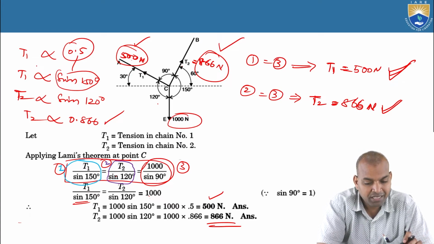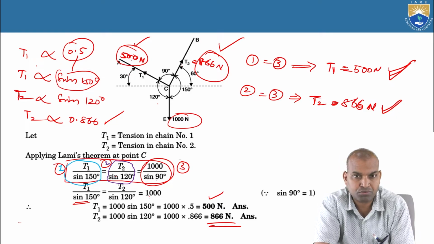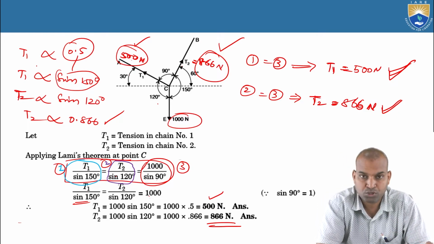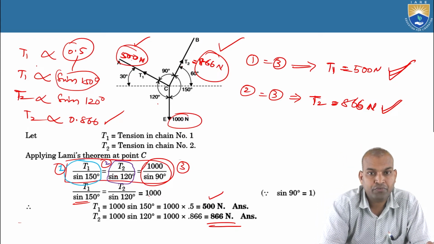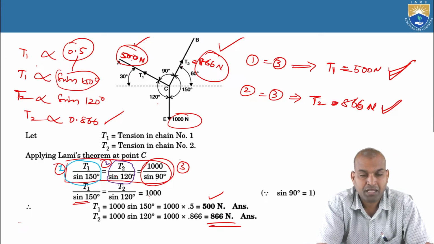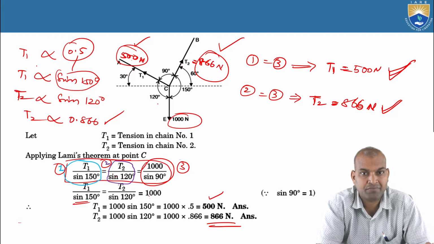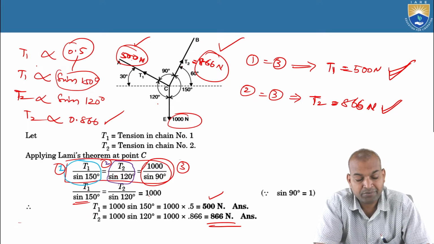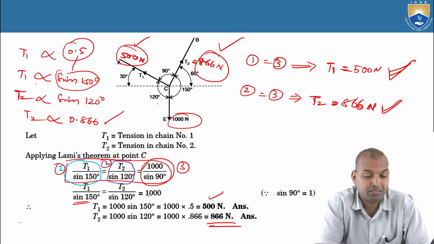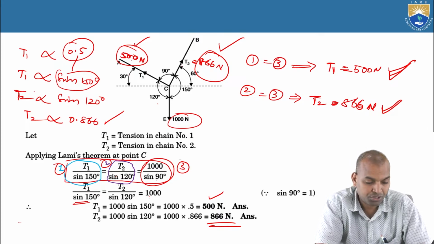So this is the inherent concept between Lami's theorem and the values obtained for T1 and T2. If you question yourself why the T1 value is smaller than T2, you have to come from the concept of Lami's theorem. By using it, we can understand the reason behind why the T1 value is smaller than T2.